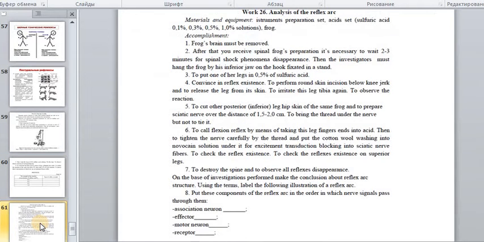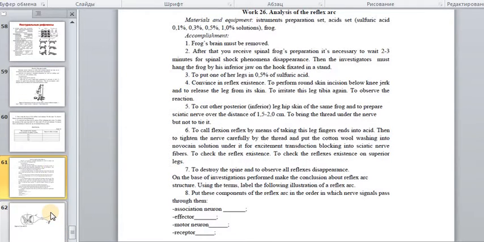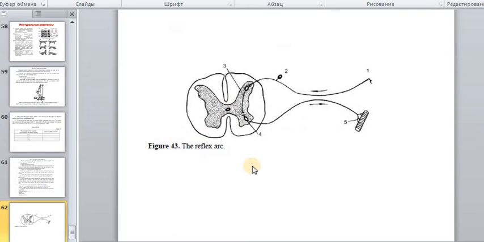Next, analysis of the reflex arc. We do this reflex, and you should put some parts of the reflex arc in your notes.